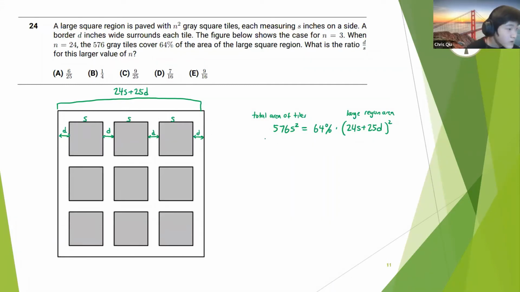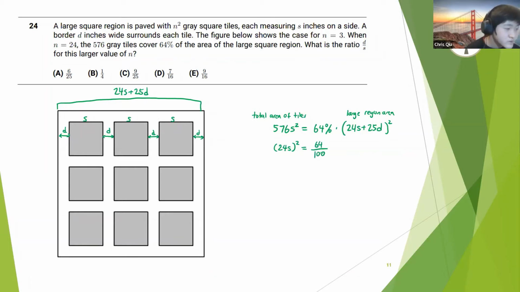So we have this equation, and we want to find the ratio d over s. We can actually find it in this equation because we have all the information necessary. To simplify our calculation, let's write all of these numbers as perfect squares, so we can take the square root of both sides and not have to deal with any weird quadratic equations.